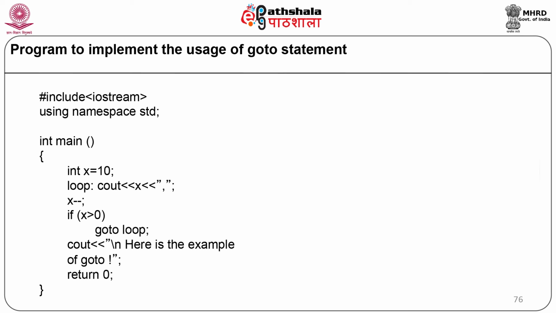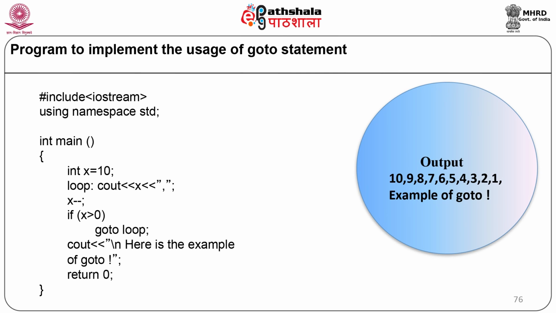Now as you can see in this particular program, when the code is compiled and executed, it will produce the result: initial value of x 10, then it will go down 9, 8, 7, 6, 5, 4, 3, 2, 1. These are the values that will be displayed on the screen, and then it will display the message example of goto and the program will end.